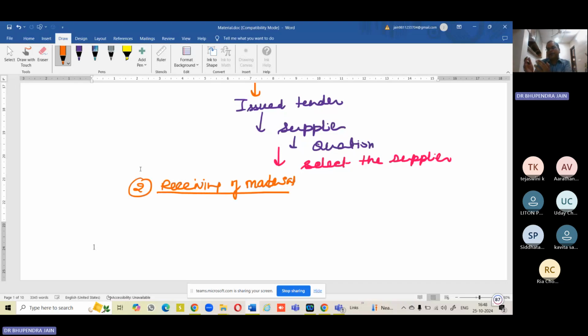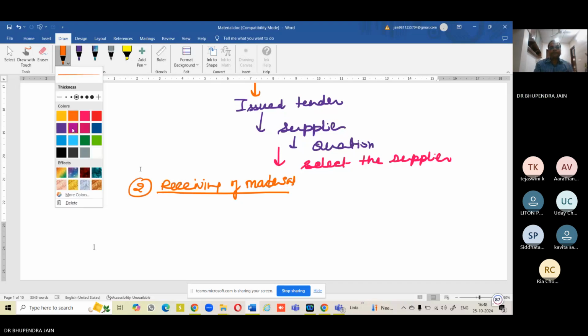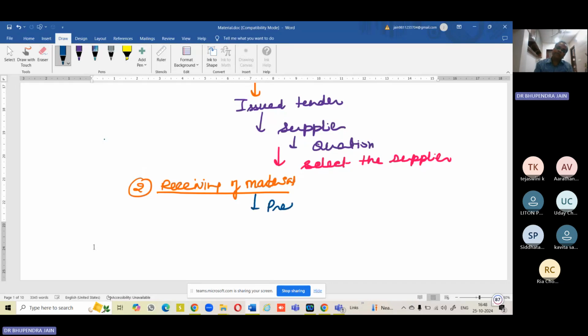So whenever the supplier supplies the goods, what will the supplier do, beta? Supplier prepares and sends 4 copies of the bill along with the goods.